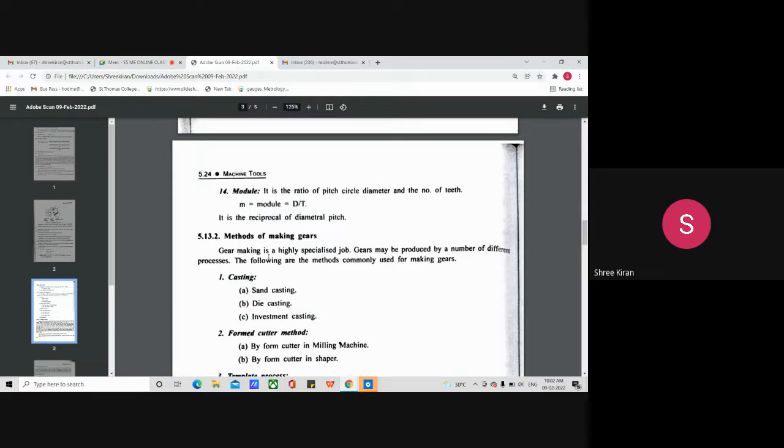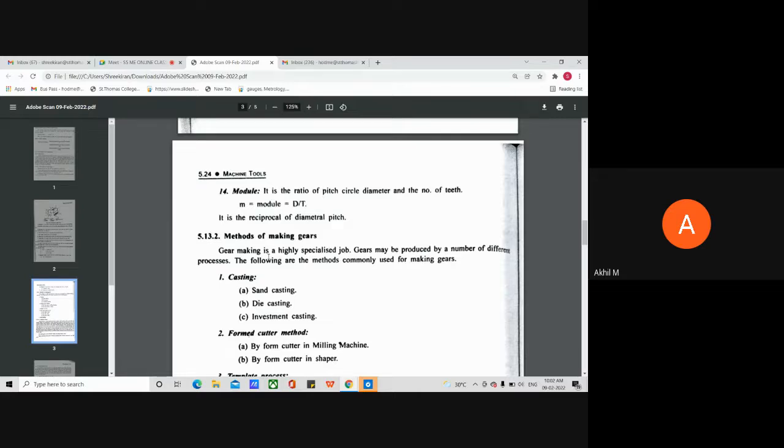We are discussing all this. Where does it come? What are the topics? Method of making gears.